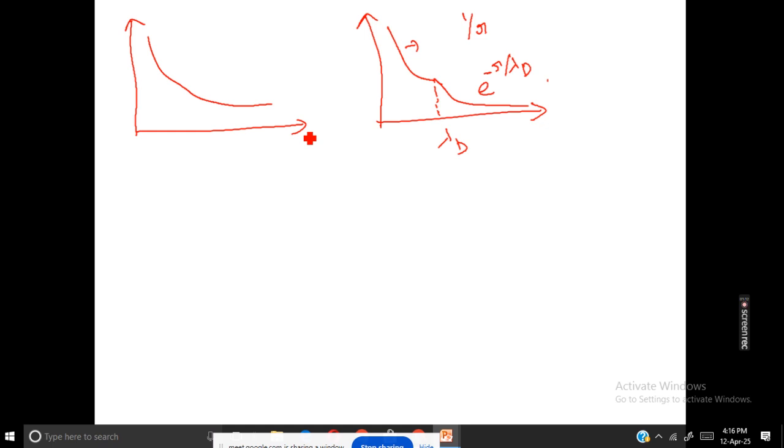Now let's find out what the potential is when r is equal to lambda d.